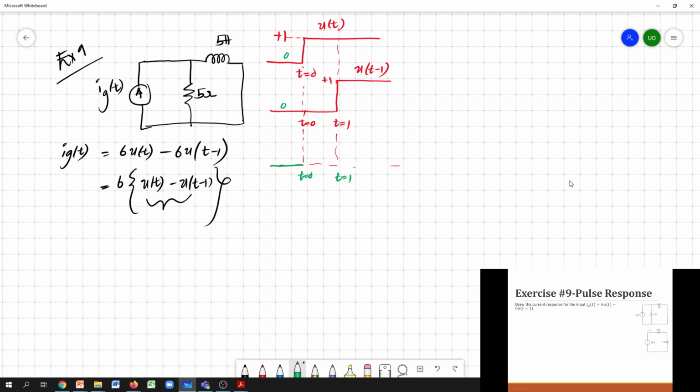Then between 0 and 1, u(t) has a value of 1 and the other is still at 0, so 1 minus 0 is 1. After t equals 1, for t greater than or equal to 1, u(t) is 1 and u(t minus 1) is also 1, so 1 minus 1 would be 0.